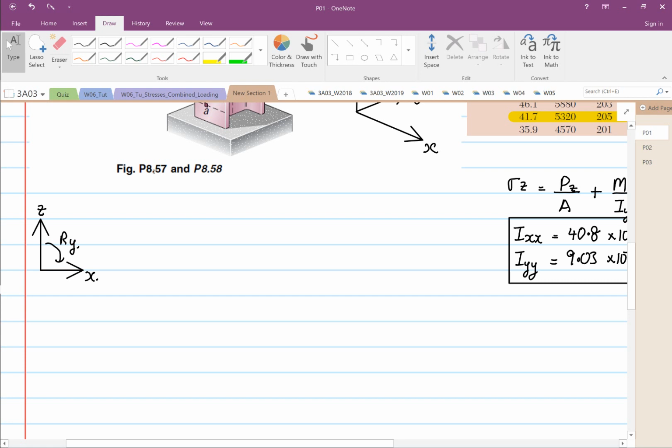So we draw our member. We can sketch this out. Okay, so it's fixed at the bottom. Like what I always elaborate, you have to draw your element. So I'm going to first draw the position on my neutral axis.